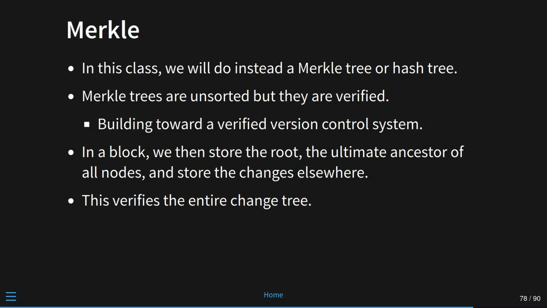They are ordered arbitrarily by when you place things in them. This means we can always keep them balanced with no consideration of the cost of something like a red-black or an AVL tree. So they're guaranteed balance because we just always put something in the last position. And they are very useful because you can hash up from the bottom to the top or the top to the bottom, however you perceive it. And then you can make assurances about the integrity of all of the information placed inside the tree.